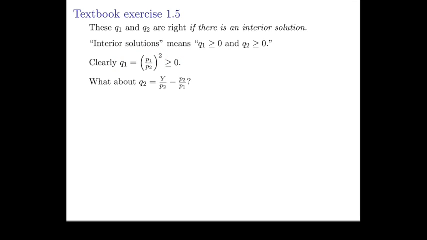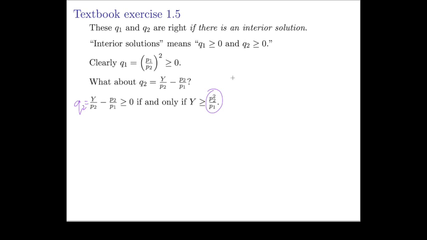What about Q2? Could Q2 be negative? Well, yeah, if Y is small enough, Q2 would be negative. So Q2, which is Y divided by P2 minus P2 over P1, is going to be non-negative if and only if Y is at least as large as P2 squared divided by P1.